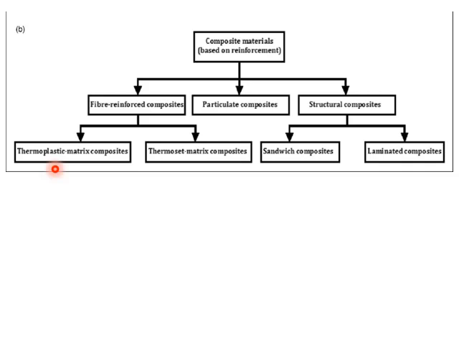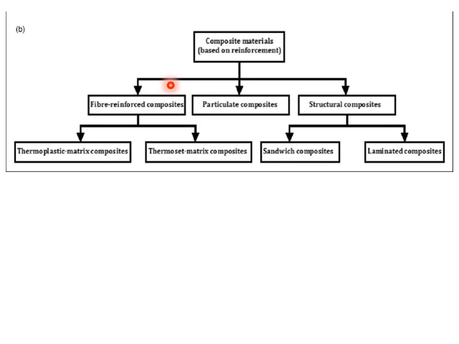So depending upon the L by D ratio of the reinforcement material, these composites are classified into fiber reinforced composite materials, particulate reinforced composite material, and structural reinforced composite material. Okay, so if the L by D ratio is more, then those are called reinforced composites.